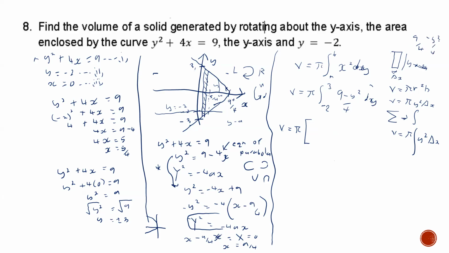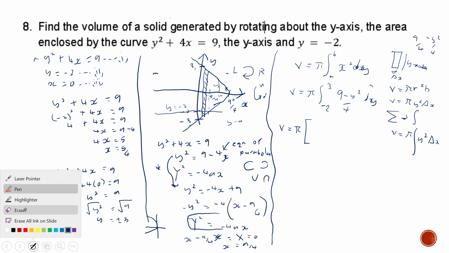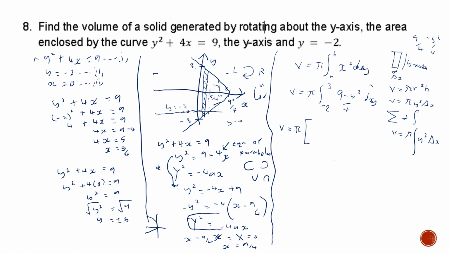Now, instead of wasting time, I can represent it in that form, where it is up there in the corner. Let me just highlight. Then if I integrate, this should be 9 over 4 x, then minus y.